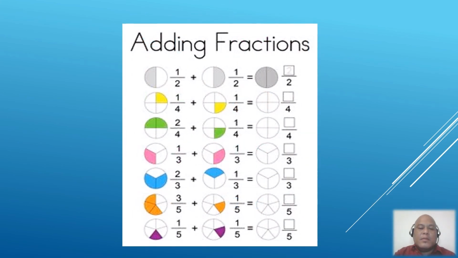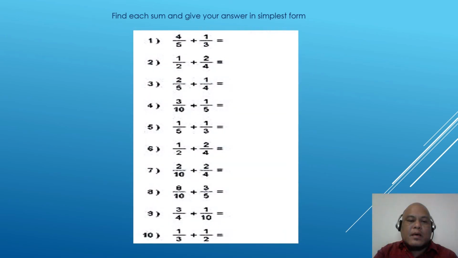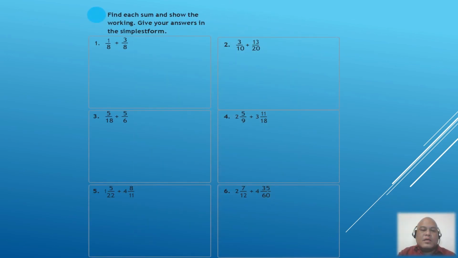Look at the diagram and answer by adding the fractions. Find each sum and give your answer in simplest form. Next, find each sum and give your answer in simplest form. Find each sum and show the working. Give your answer in the simplest form.